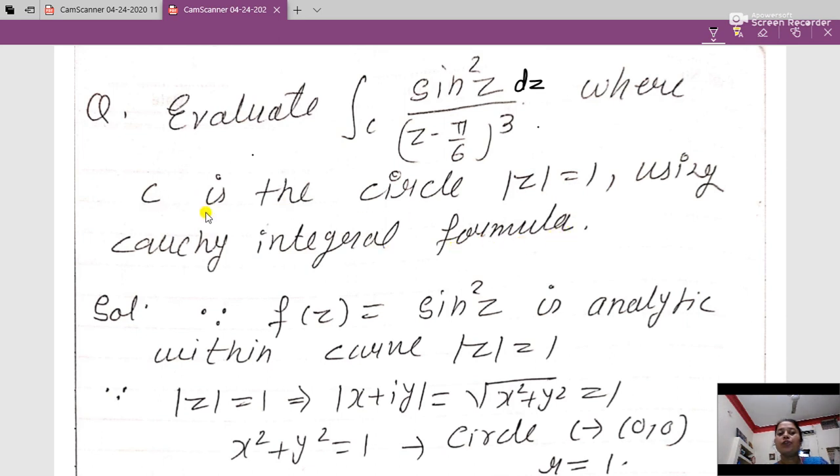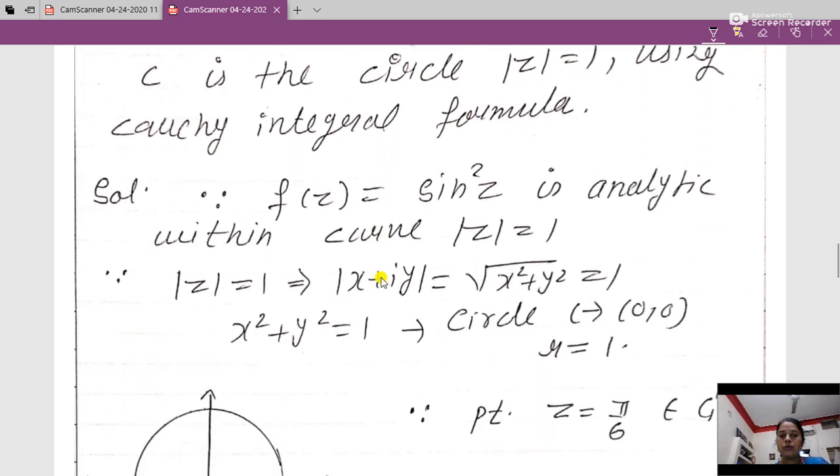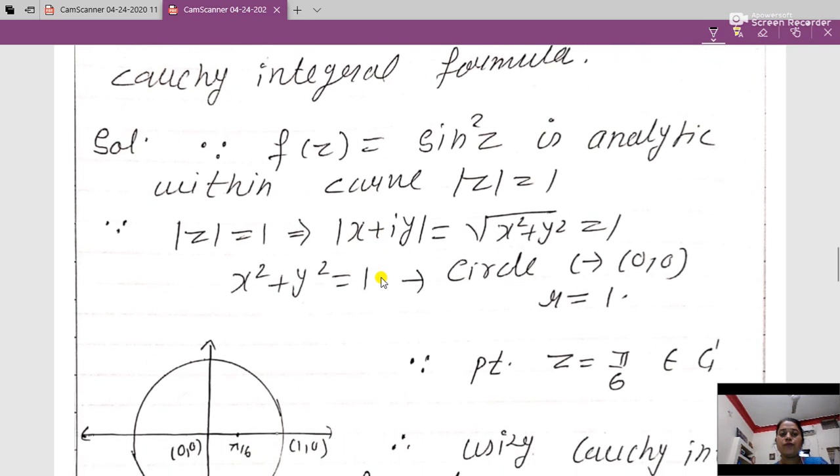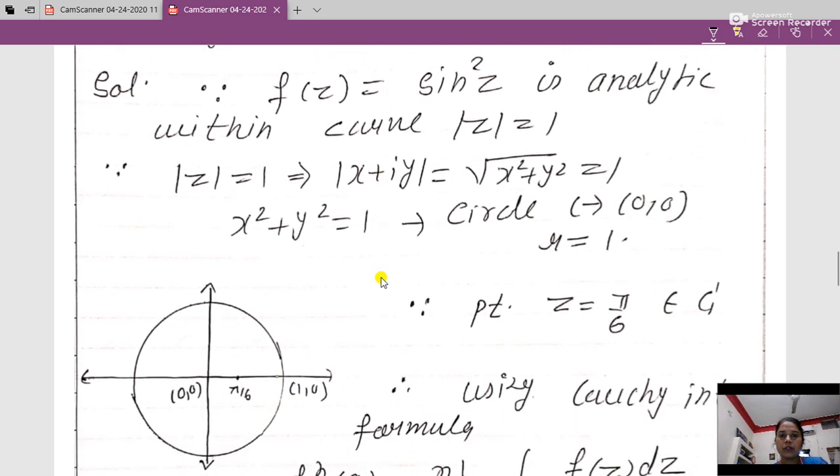So first we trace this curve. It is a circle of |z| equal to 1. Let's see which type of circle the given curve is. The curve is |z| equal to 1, which can be written as |x plus iy| equal to 1, since z is equal to x plus iy, and by the mod formula its value is the square root of x² plus y² equal to 1.